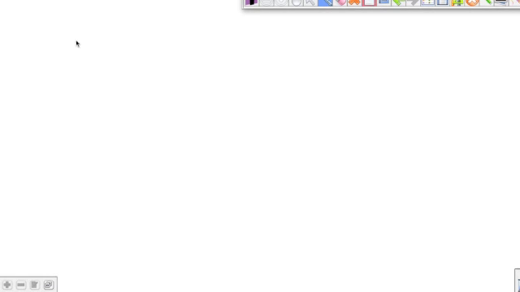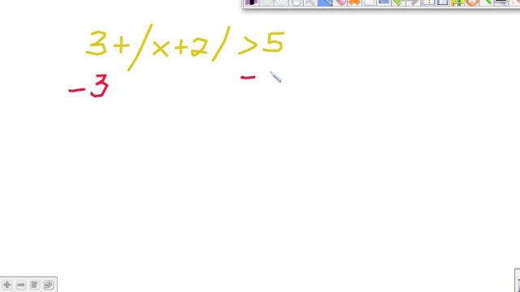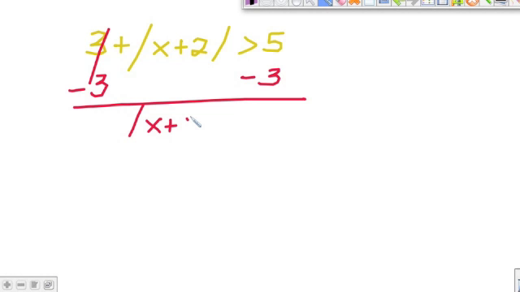Let's try another one. 3 plus the absolute value of x plus 2 greater than 5. Again, let's go ahead and combine like terms. This is a positive 3, so I'm going to make it a negative 3. Okay, these 3's cancel, giving me the absolute value of x plus 2 greater than 2.